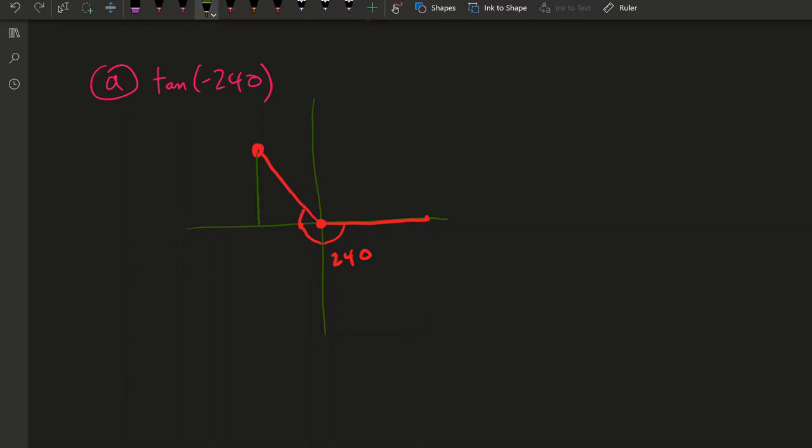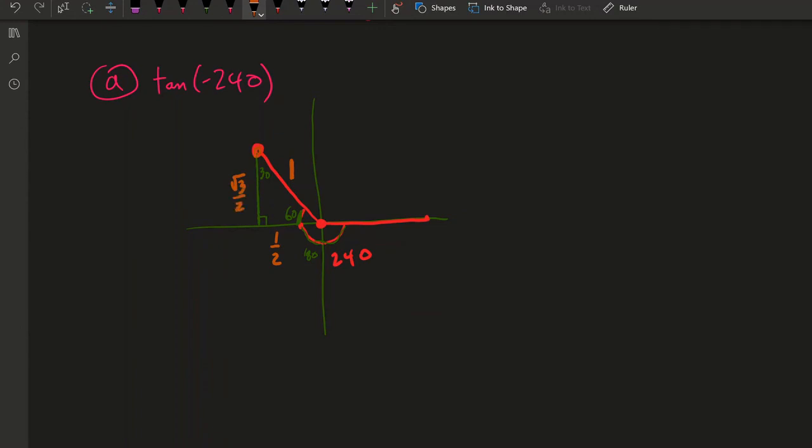If this right here is 180, that means that this piece right here has to be 60. So that means I've got a 30, 60, 90 triangle right here. We're going to assume we're using the unit circle, so that means that the hypotenuse is 1. So this means this is 1/2, and this is square root of 3 over 2.